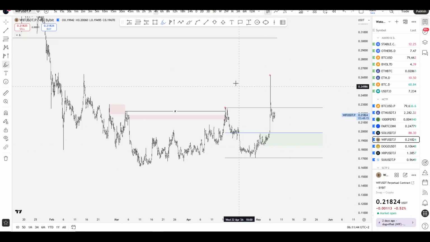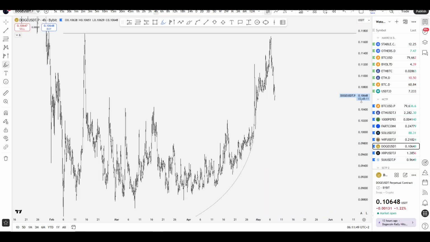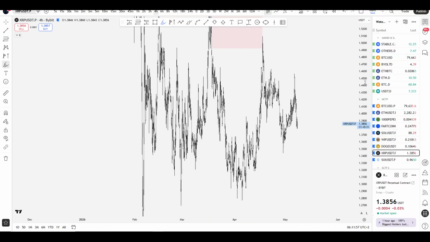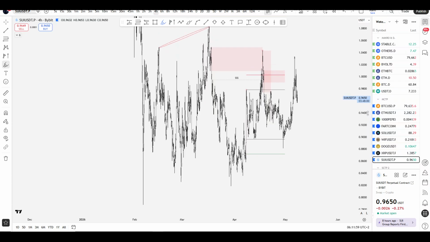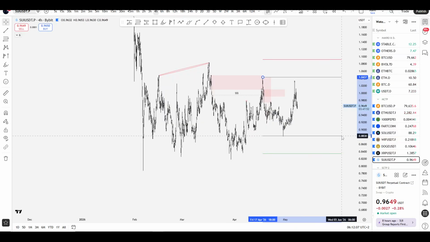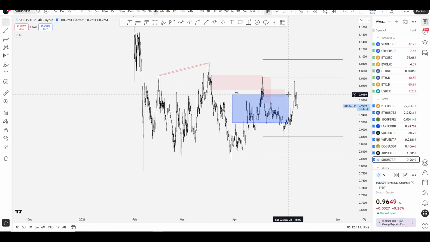Well, the width is a bit weird, but okay. On Doge, I want to take out this main high and then look for something. XRP, nothing special, and Sui, well, I would need to adjust my range pool to this, and then we can see that this needs some more time.